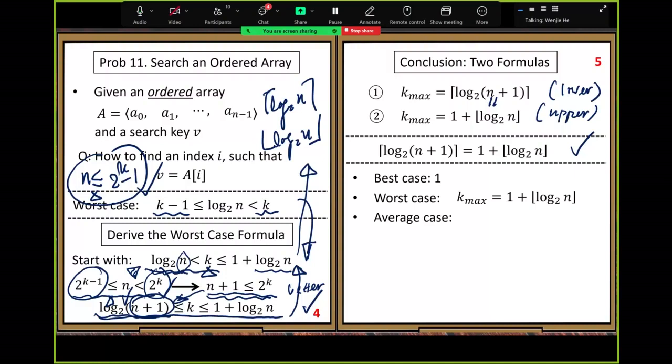So let's see the question: can you use this simple way, just the best case plus the worst case, then divided by 2, for the average case of the binary search? Think about this question.